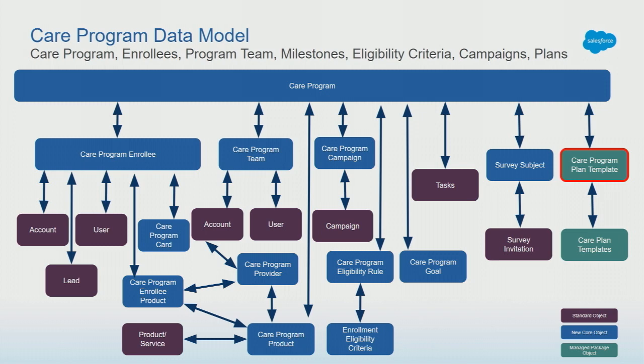So in this winter release, we decided to introduce a new entity called Care Program Plan Templates that would tie a care program to a care plan template. All right, so in the winter release as well, since we have this foundation for a care program, what we wanted to do was to create a lot of efficiencies in the enrollment process for you to enroll a patient into a care program.